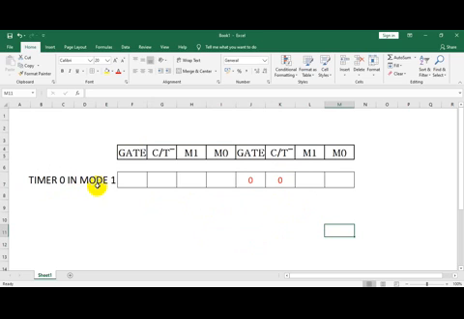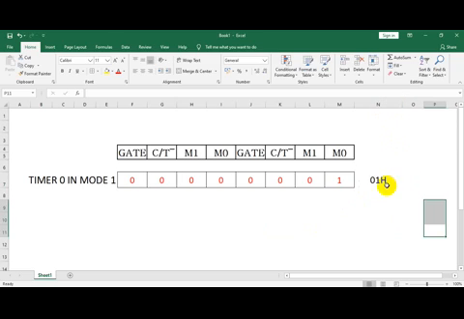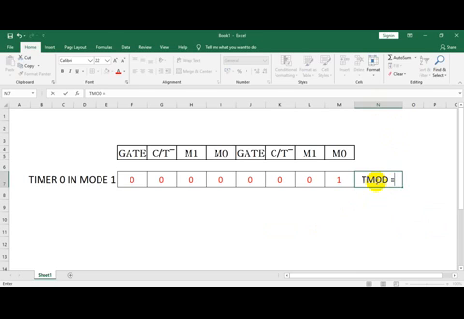For mode 1, I should write 0, 1. What about the other bits? You can write all 0. So the value will be 01H. You have to load 01H into the TMOD register, so TMOD will be equal to 01H.